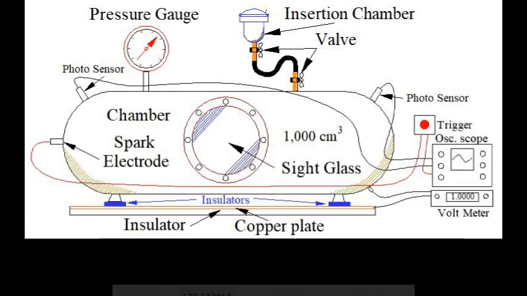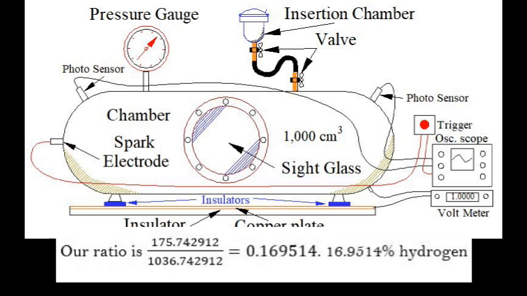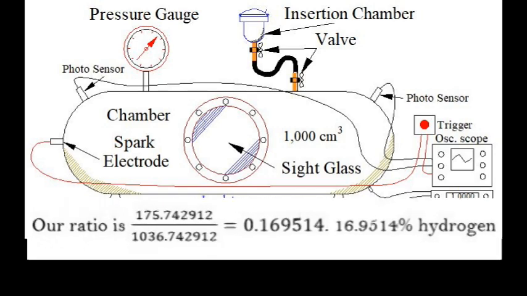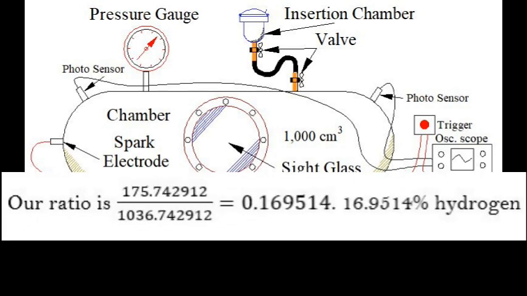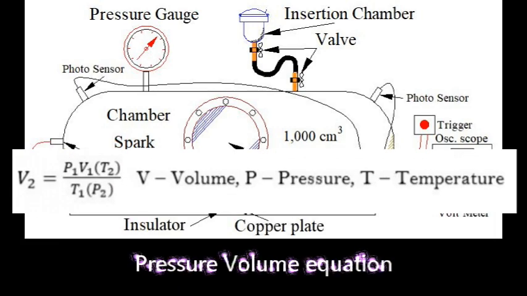The ratio is 175.742912 divided by 1036.742912, which equals 0.169514, thus 16.9514% is hydrogen and the remaining volume is 83.0485% oxygen.